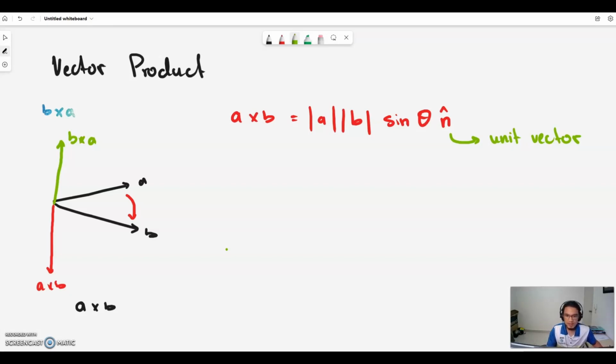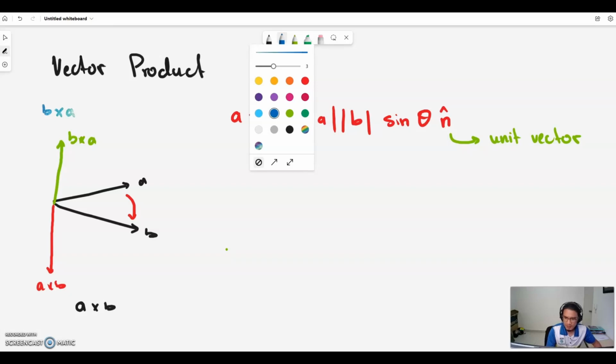The vector that is produced by B cross A and A cross B will always be 90 degrees to the plane of vectors A and B. Let's say we have these two vectors A and B, they create one plane like a single sheet of paper, and the B cross A is 90 degrees to that plane.